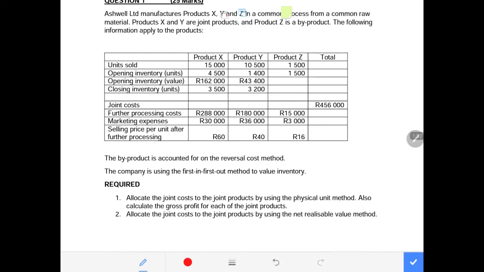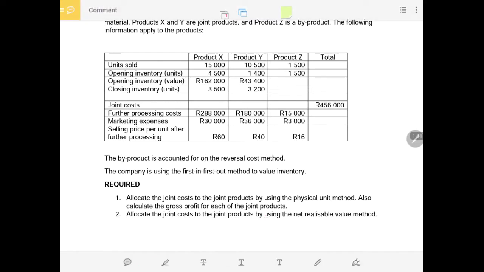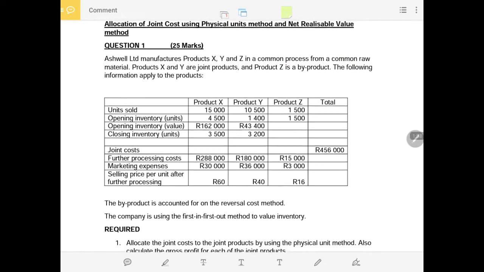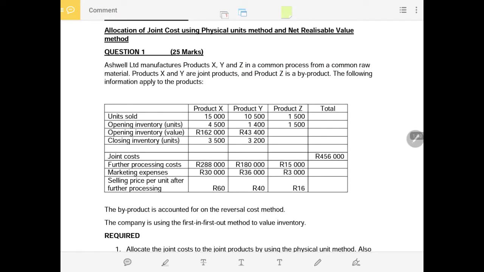So these are the two short requirements that we are required to respond to in the topic of joint cost. It says Ashwell Ltd manufactures the products X, Y, and Z. So they are manufacturing these three products in a common process from a common raw material.